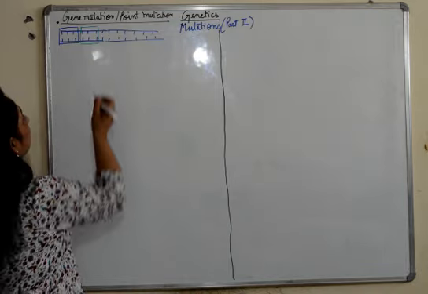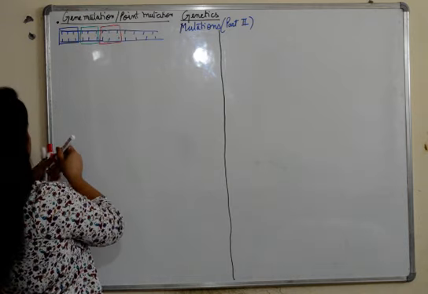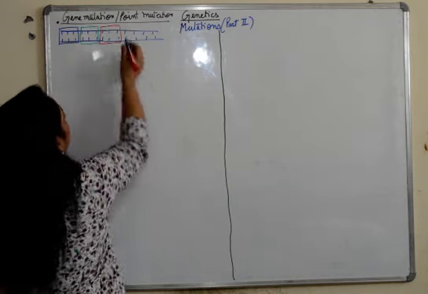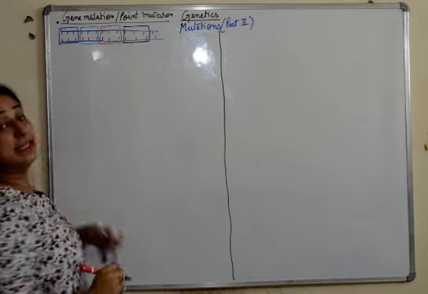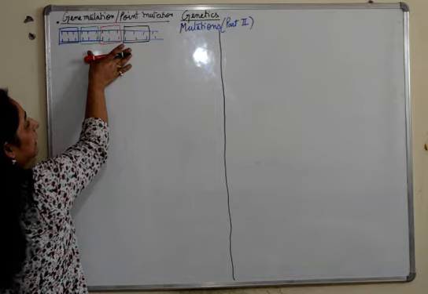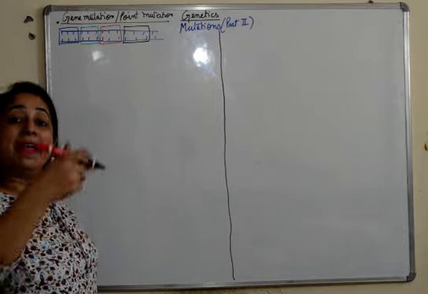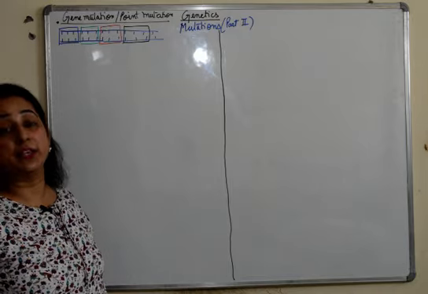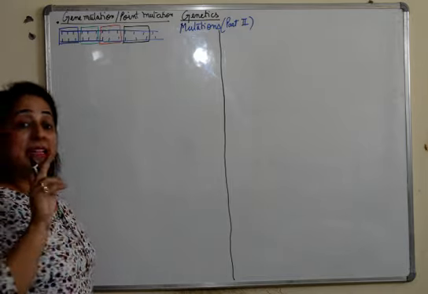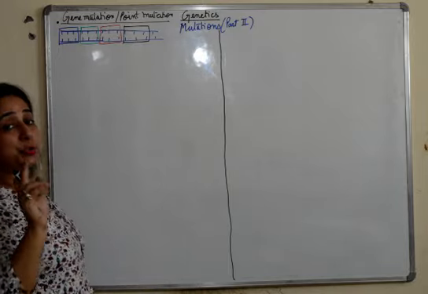Then we have maybe the next triplet, and then maybe this triplet. So these are the genes. The change in these triplet codes by any method or any way will be considered as gene or point mutation. This gene or point mutation further can be categorized into 3 types.